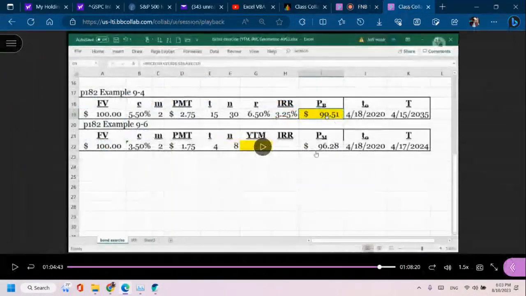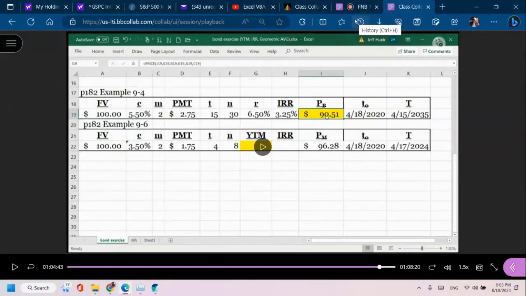All right. So yesterday we stopped right here at this model, which is Excel's built-in function for bond price and bond yield.